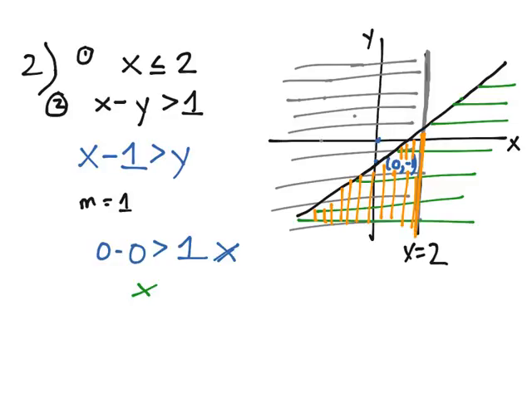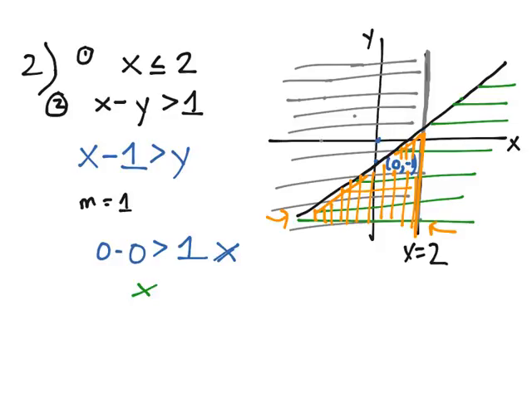The gray region is the area which satisfied our first inequality. The green region is the area which satisfied our second inequality. And the solution to the system would be the area that satisfies both inequalities.